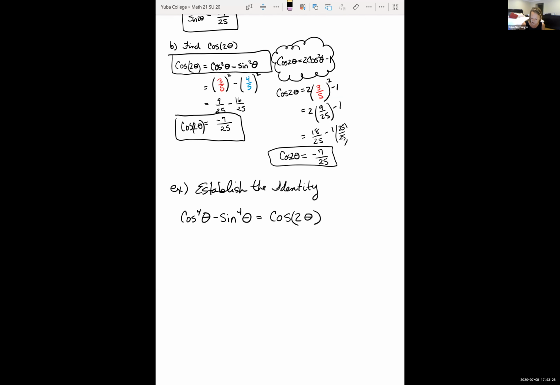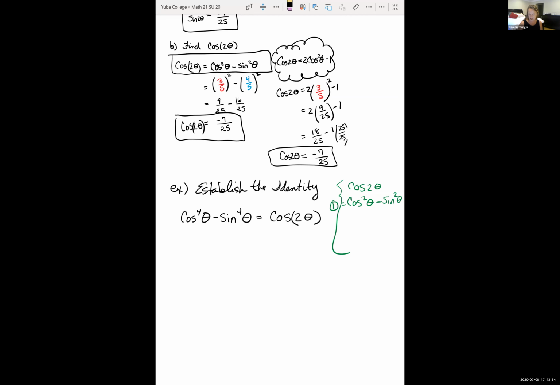So cosine 2 theta. Okay, so again, cosine of theta plus theta is how I would derive it. And sum of angles is cosine cosine minus sine sine. So this is cosine squared theta. And then it's opposite sine minus sine sine, so sine squared theta, because they're the same angle. So this is number one.